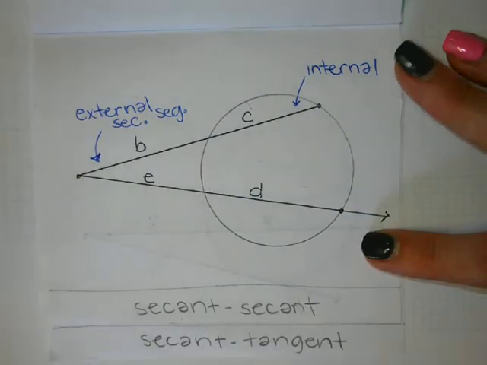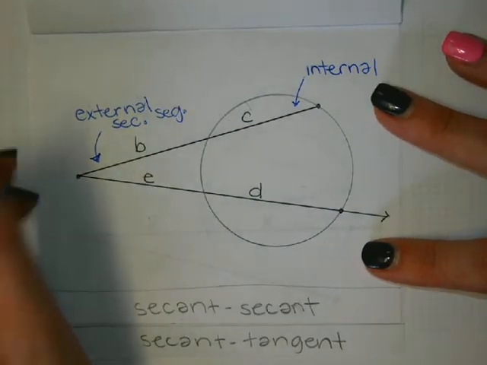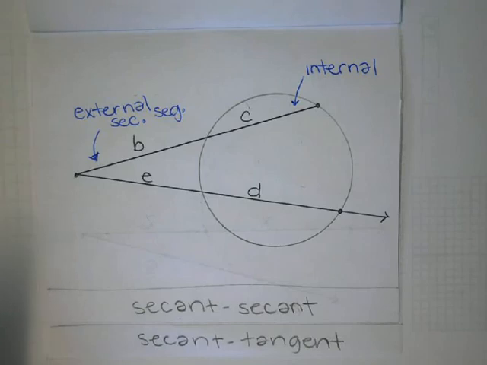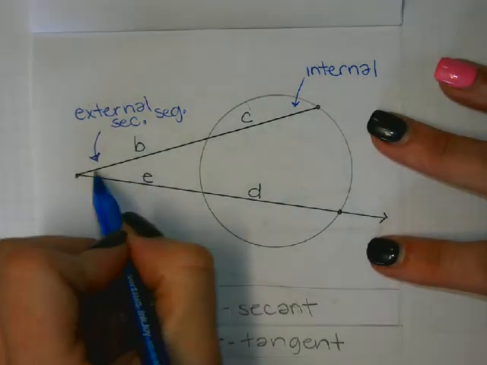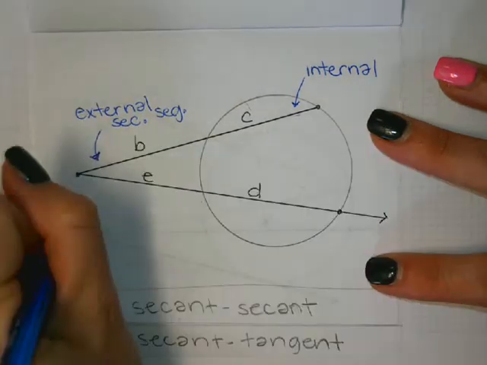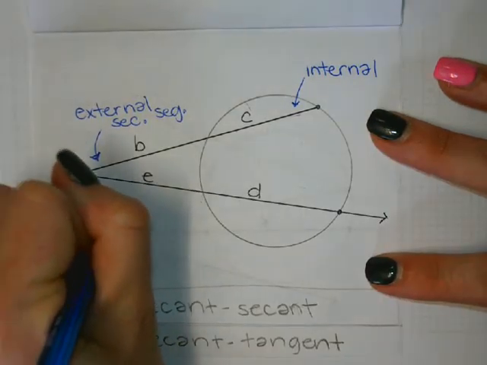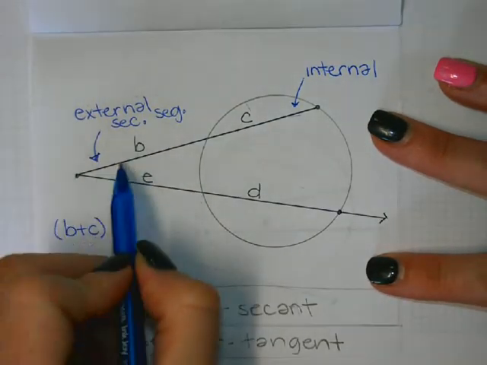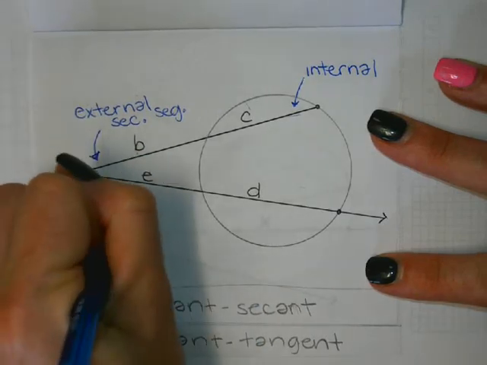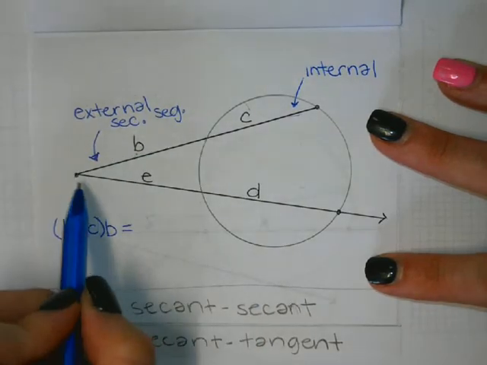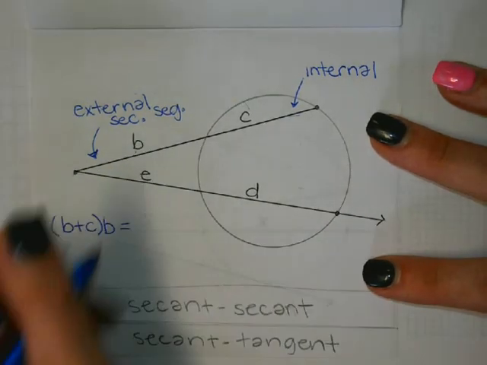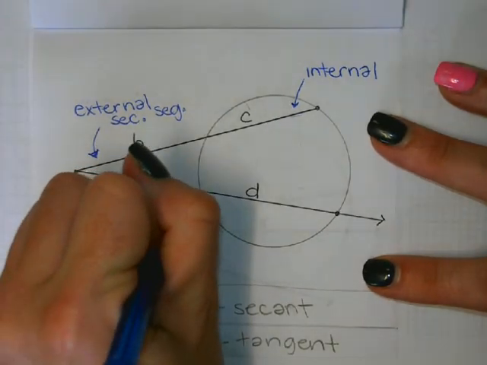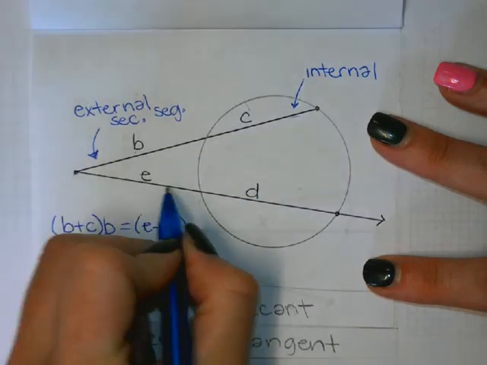All right, so I'm going to think of this as whole secant times the outside piece. So how would I get the whole secant? That's going to be b plus c times my outside piece. And that's going to be equal to the other secant in the same way. So the whole secant is e plus d times the outside piece.